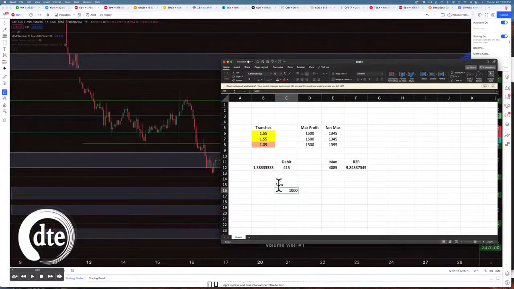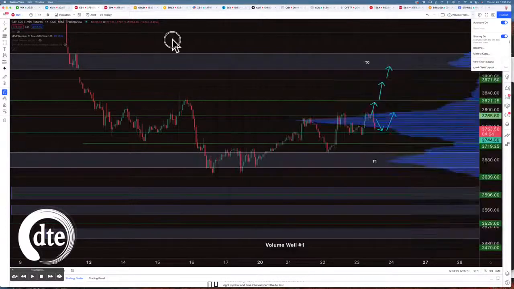Am I under my max? I'm certainly under my max because I'm only at 415. I'm not at 1,000. Is my risk to reward good? And am I still in the game? And I think I am. I think we're still in the game here.